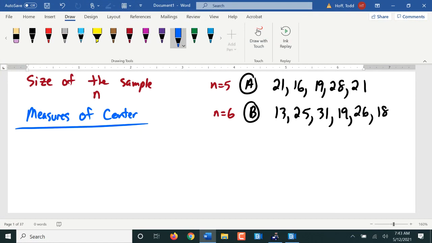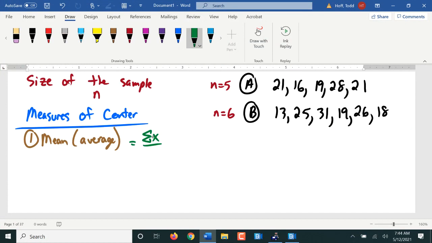Our first real measure of center, our main measure of center, is called the mean. Mean is what most of us to this point in our life have referred to as the average. So this symbol here means sum. Add up all the values.